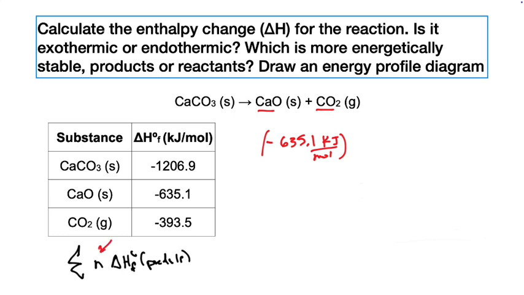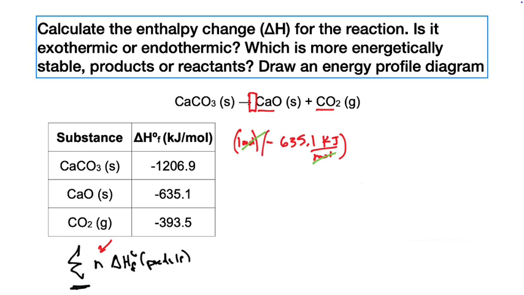I need that N. What's that N? It's the coefficient for that species. So in this case, it's a 1. What are the units on that? Mole. Why are they mole? So your mole units can cancel.